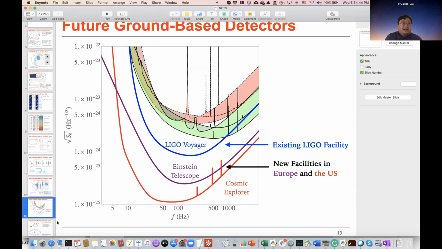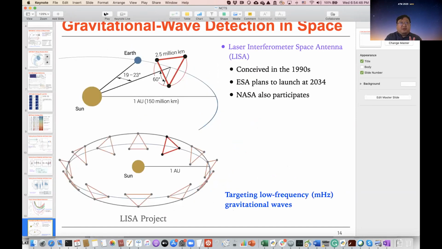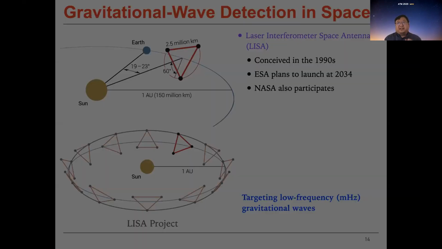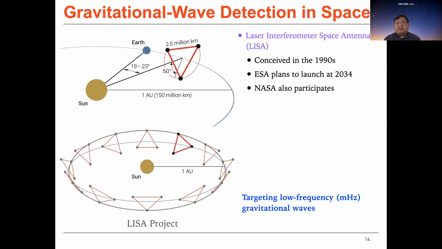Not only on the ground, there are also proposed space-based gravitational wave detectors. As I mentioned, on the ground we're looking for gravitational waves from several tens of hertz up to kilohertz. But in space, we will be able to probe gravitational waves in the millihertz band.